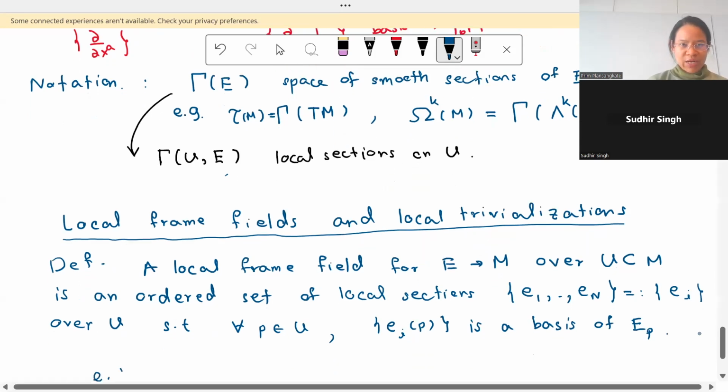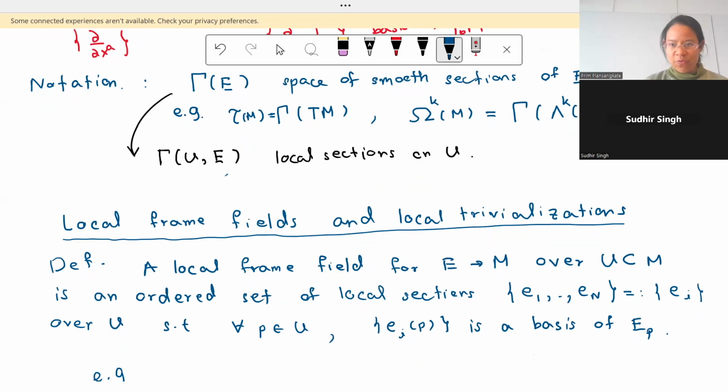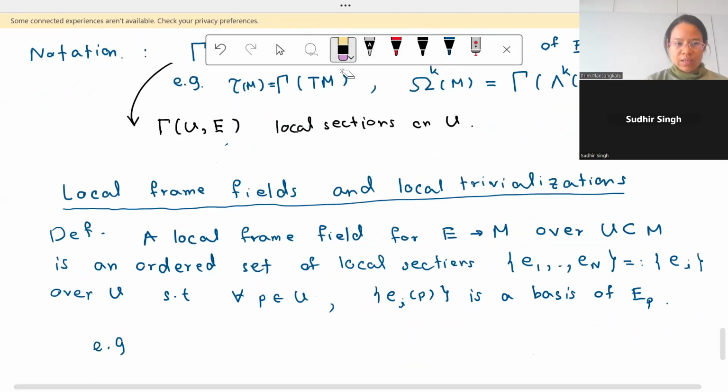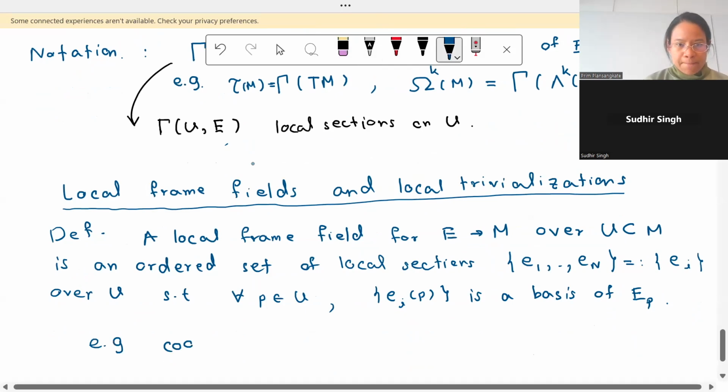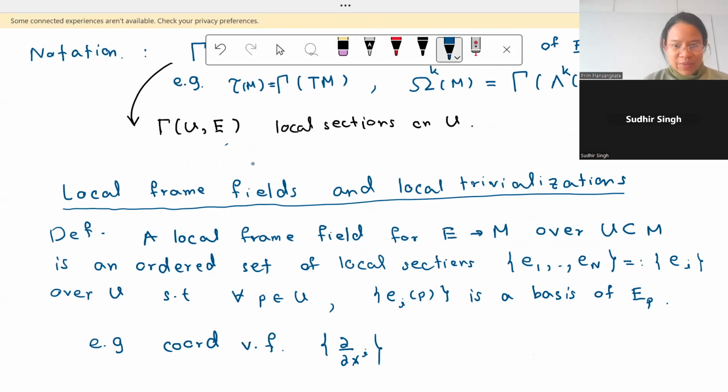An example is what I just talked about before: the coordinate vector field, sorry, I abbreviated, and let me change the index to i to match here, is a local frame field for the tangent bundle.